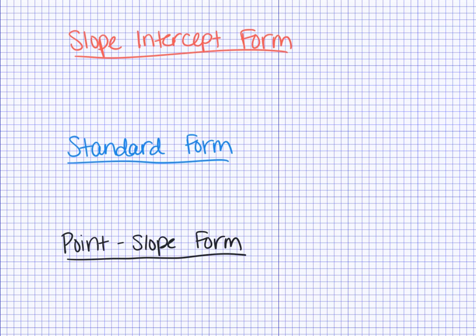So first of all, we did slope-intercept form. So that was when your equation was solved for y. So y equals mx plus b. And it was called slope-intercept form because they gave you the slope, which was the m, and they flat out gave you the y-intercept, which was b.